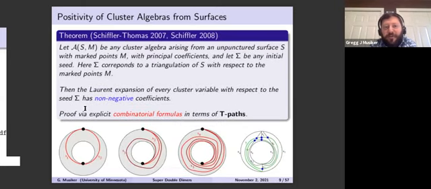In 2007, Ralph Schiffler working with Hugh Thomas, and then Ralph Schiffler as a solo paper, extended this to other unpunctured surfaces, and then also with principal coefficients. And just an example of what these T-paths can look like for other unpunctured surfaces, here we have the next basic example of an annulus.